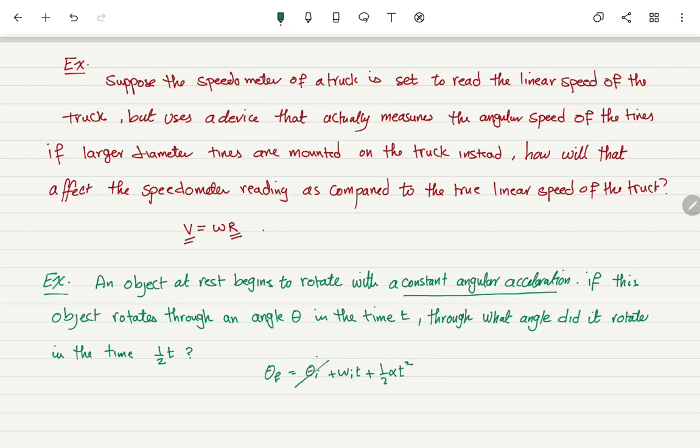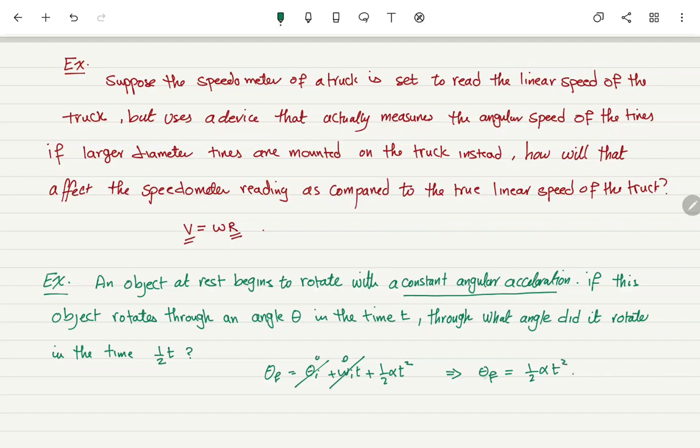Assuming theta initial is 0 and starting from rest means omega initial equals 0, theta final equals half alpha t square.